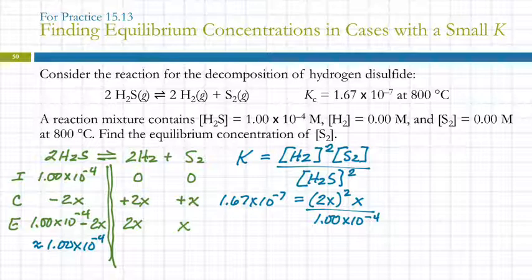So I'm going to just do a little bit of simplifying here. This is 1.67 times 10 to the minus 11 is going to equal 4x cubed.